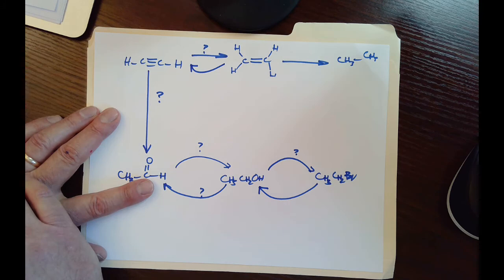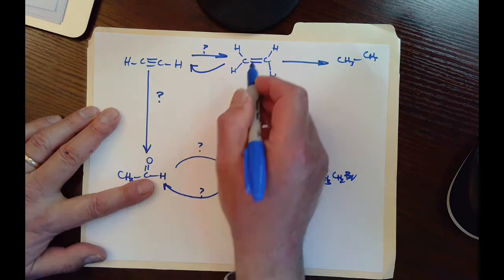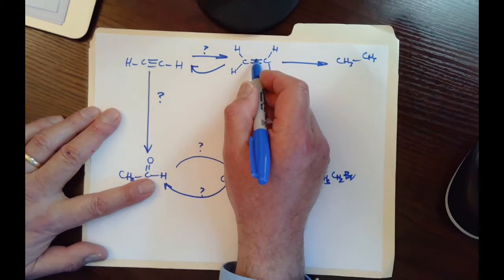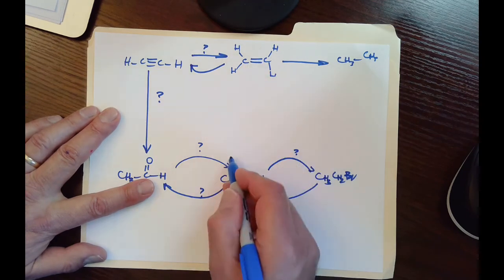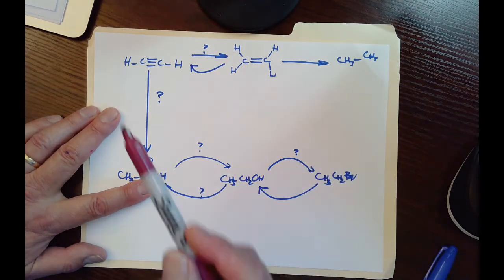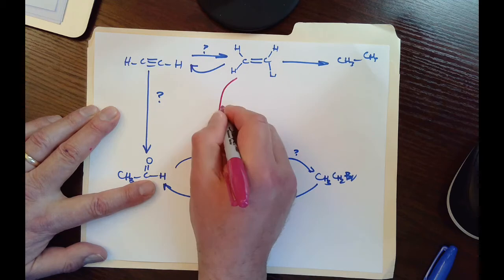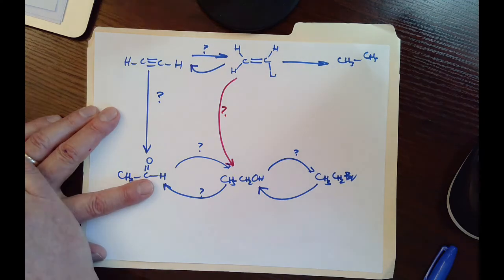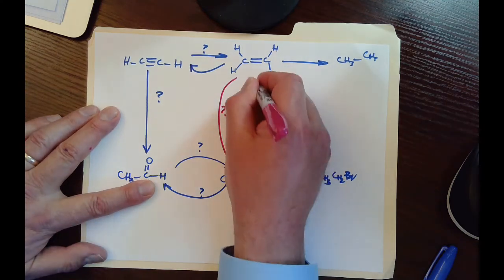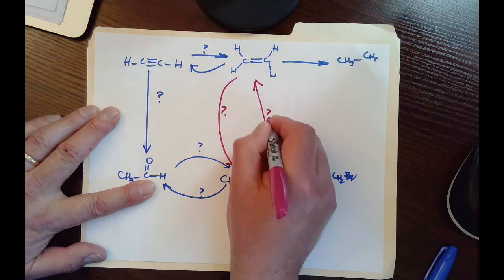Now I also want you to tell me how to go from the ethylene, which is here, to this alcohol. So I'll use a different color. So we're going from ethylene to the alcohol. And how to go from the alcohol back to ethylene.